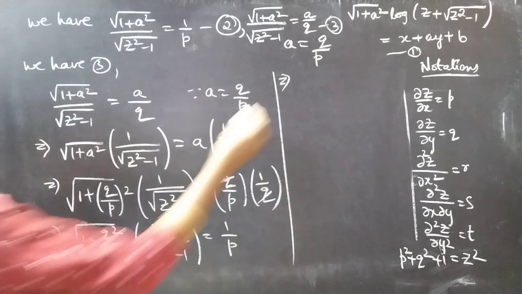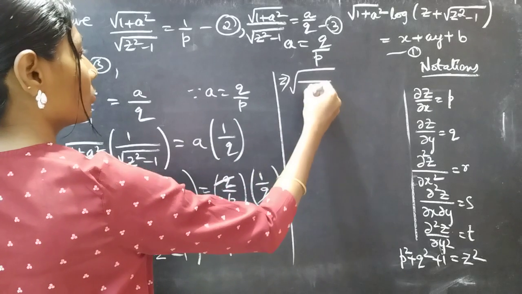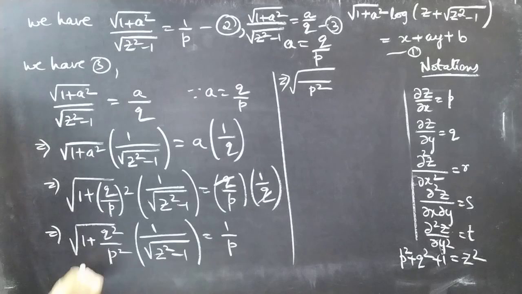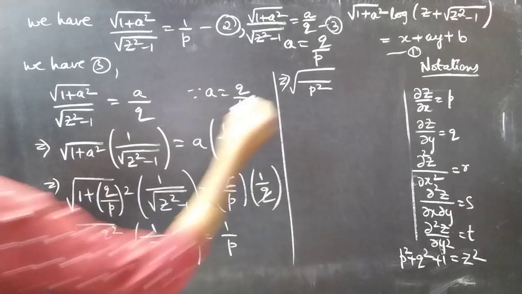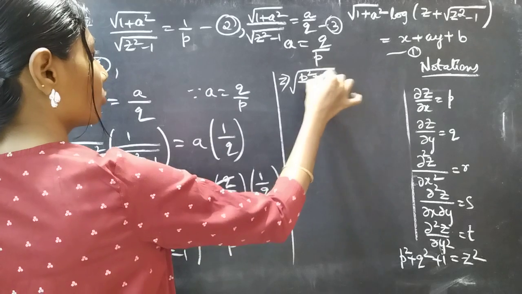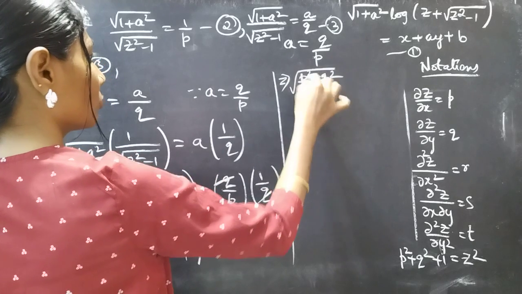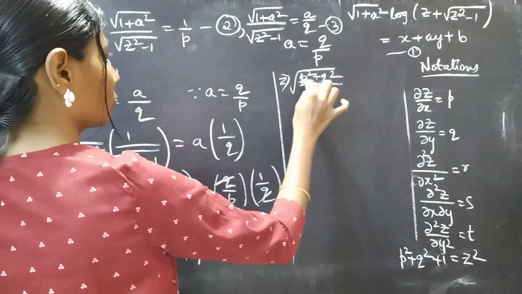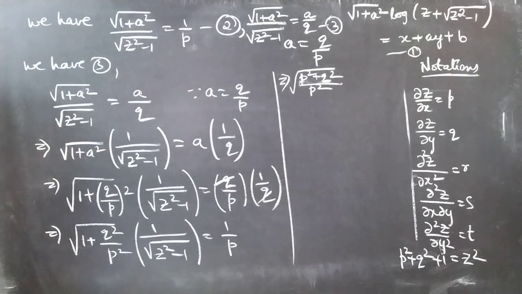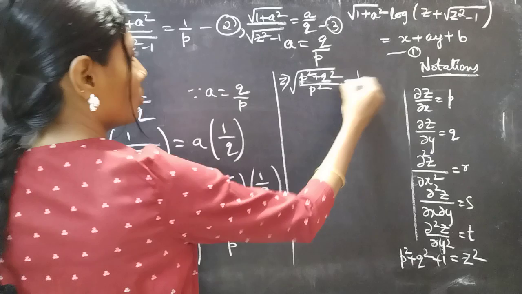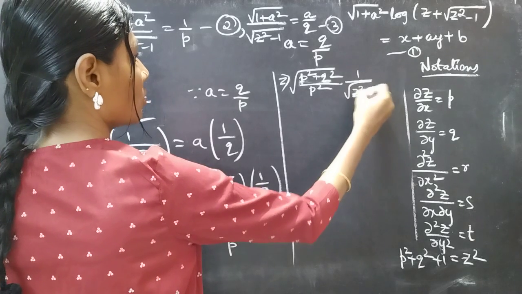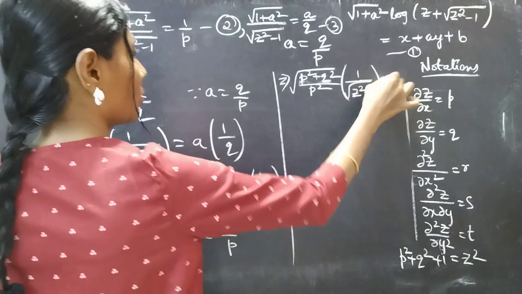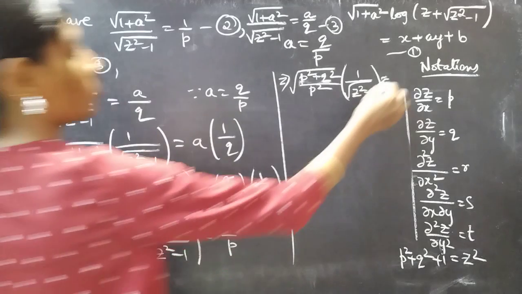We can write this as square root of, take the LCM, p square is the LCM, in the numerator you will get p square, 1 into p square is p square plus q square. Fine, into 1 by square root of z square minus 1 equal to 1 by p.